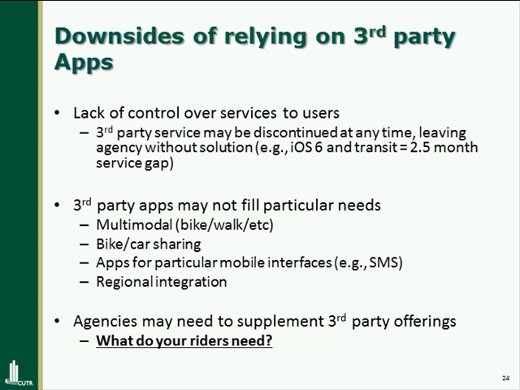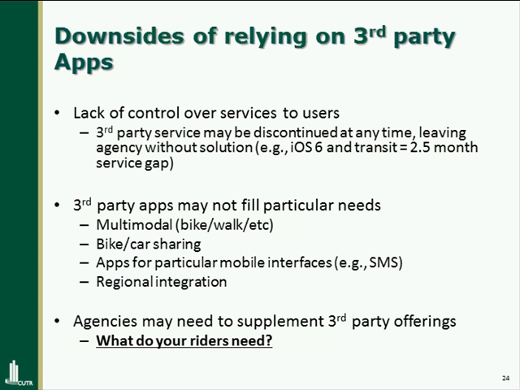Secondly, third-party apps may not fill particular needs. Take something like multimodal. Google does have Google Transit and Google Bike, and they do provide walking directions, but they don't provide an end-to-end solution that combines, like, bike to bus to bike.